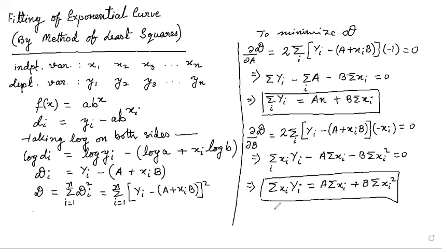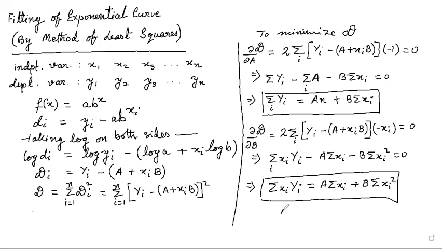Now once we get the values of A and B, our target is, actually, we have taken the curve in the form of fx equals to small a into b to the power x, and we have taken the substitution capital A as log of small a, and capital B as log of small b.